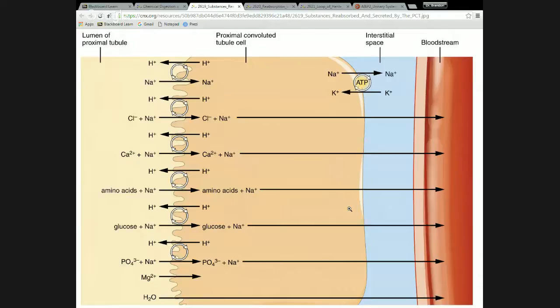And so whether it's the urinary or the digestive system, transport of these nutrient molecules is just tied to a sodium concentration. And probably some of these other mechanisms are similar to the digestive system also. I'm just well aware of the amino acid and glucose one.